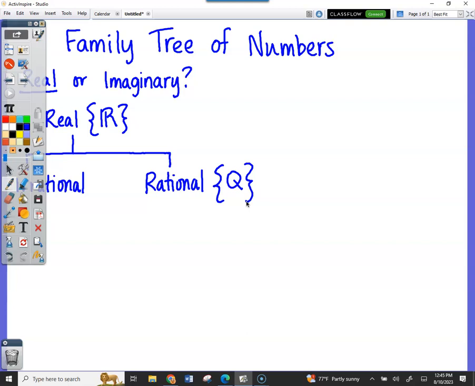Now, so rational numbers are numbers that can be written as fractions. That group then breaks into two categories. One of the categories is called the integers. Notice where I'm writing it. And the other category is very fancy, and this is one of the things I love about math.